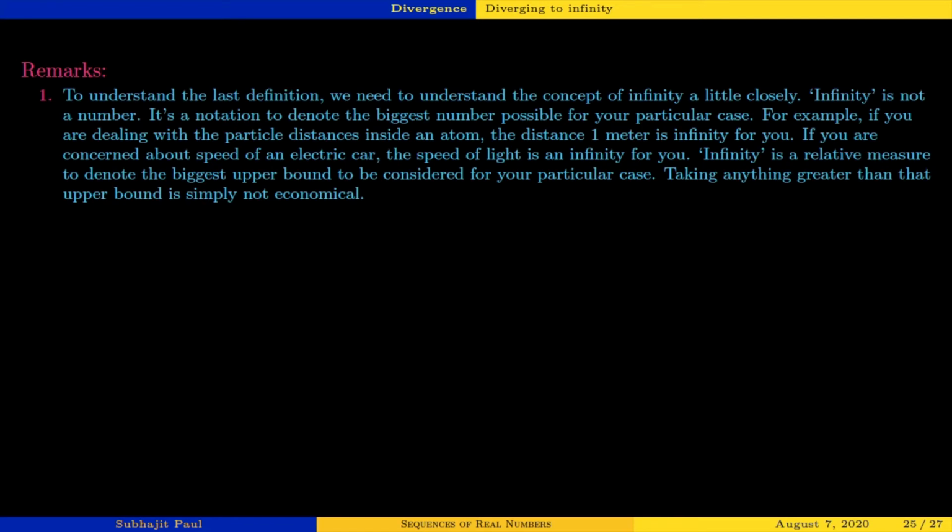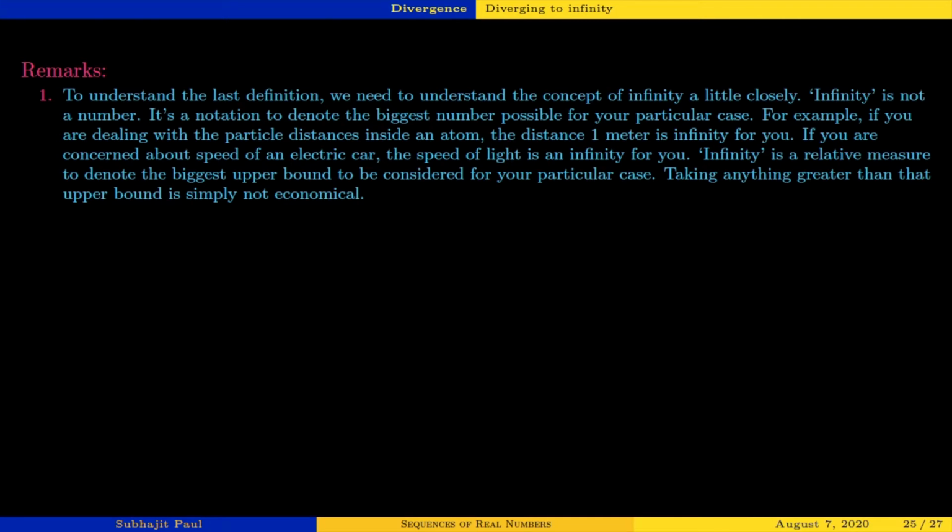Fine. So let us see some remarks and understand the definition. To understand the last definition, we need to understand the concept of infinity a little closely. Infinity is not a number. It's a notation to denote the biggest number possible for your particular case. For example, if you are dealing with the particle distances inside an atom, the distance 1 meter is infinity for you.